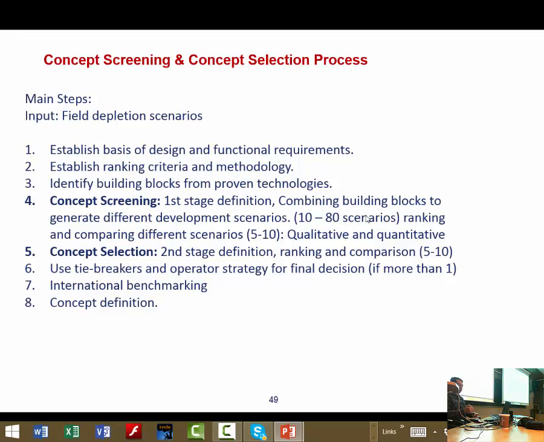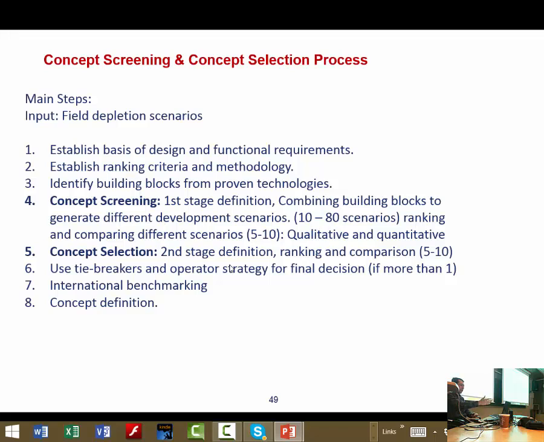And then you go to the concept selection phase, where you need to define your concept more accurately. So in the concept selection phase, you have a second stage definition. You may need to do some analysis. For example, usually in the concept selection phase, we make some process or topside simulation and analysis by HYSYS to accurately specify the size and dimensions of the equipment for the topside, which can later be used for weight estimation.